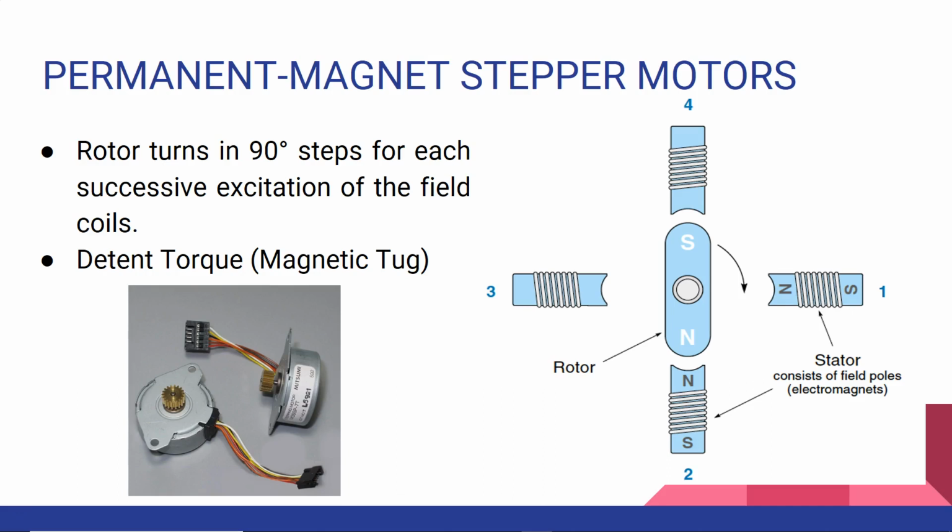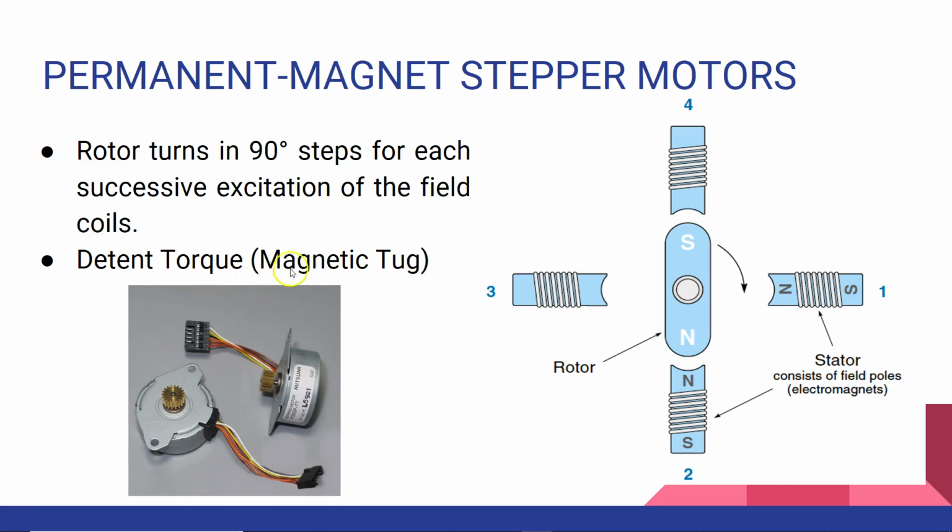This magnetic tug is also sometimes called detent torque, which you can see I've written here. Another name for this is residual torque. So three names actually: detent torque, residual torque, or magnetic torque.